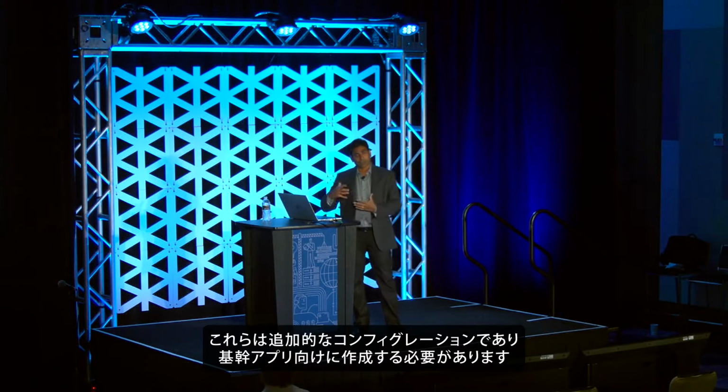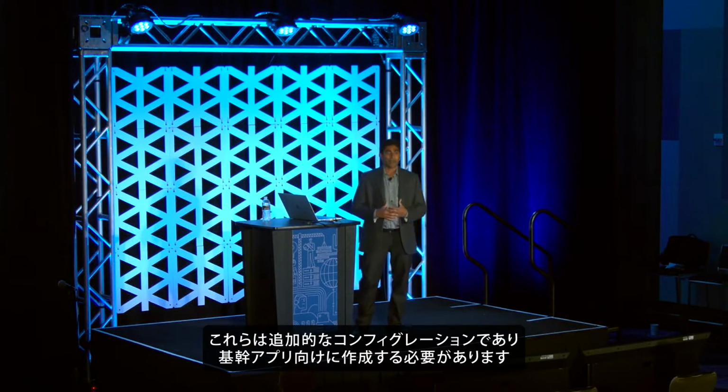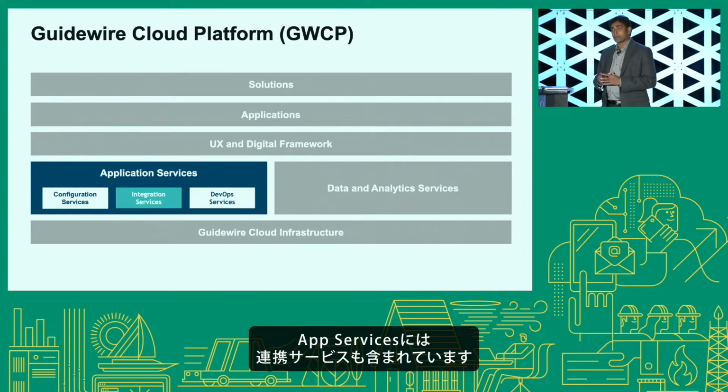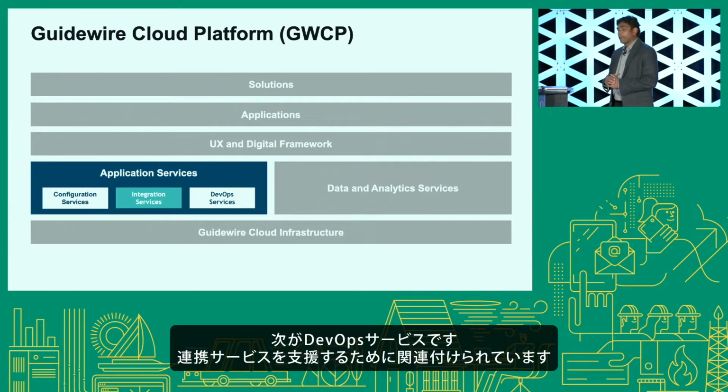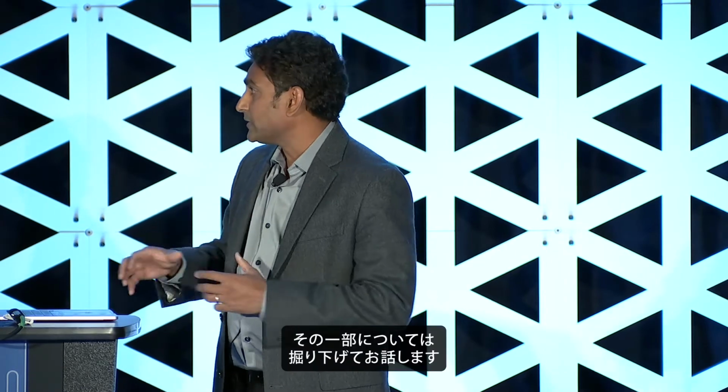These are additional configurations which you need to make for the core applications. App services also includes integration services, which help you bridge between InsuranceSuite and third-party services, and DevOps services associated to help with these integration services. So the focus today will be integration services, and we'll deep dive into some of these.